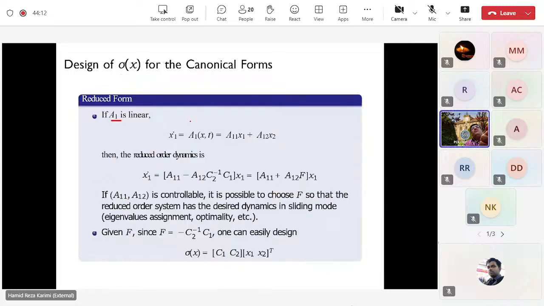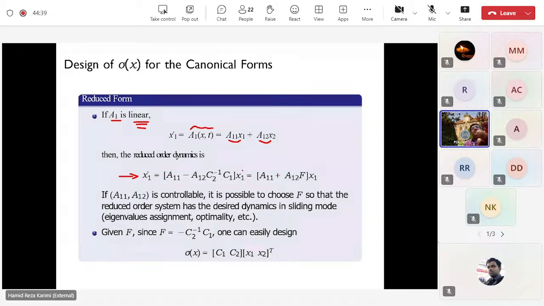If your function A(x,t) is linear, for instance like this, A11 x1 plus A12 x2, then the reduced dynamics become this. So now you will get these dynamics for the overall system on the sliding manifold.